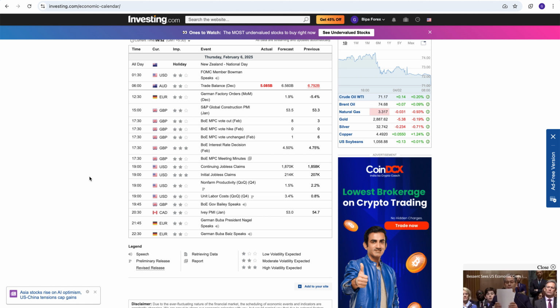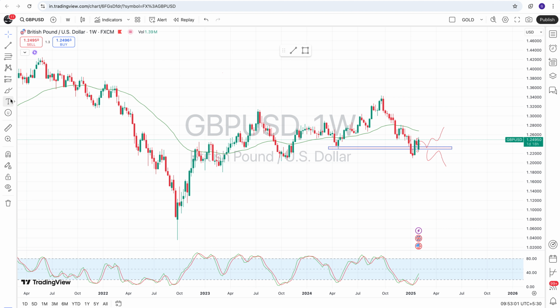As we are trading GBP USD and we have news from both GBP as well as USD, we may see a big spike on the chart, either on the downside or to the upside.